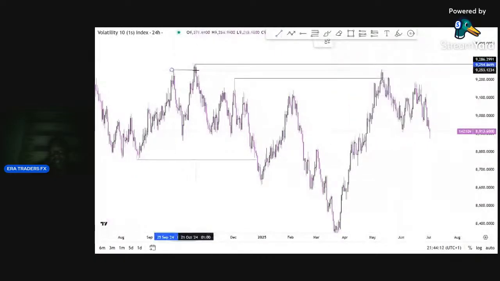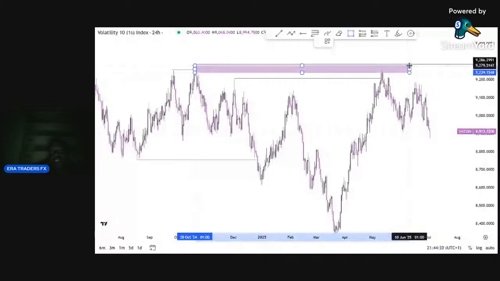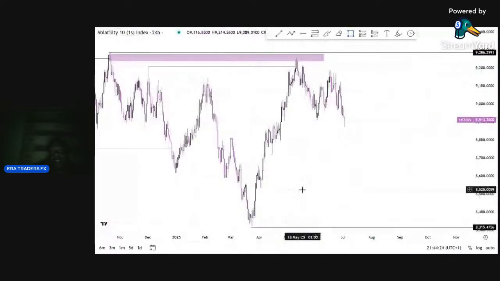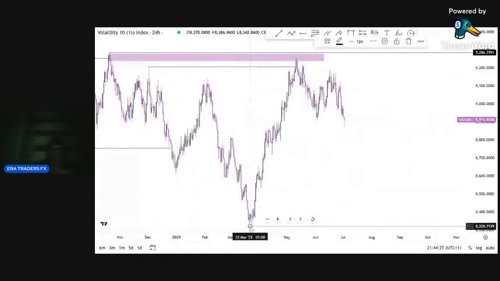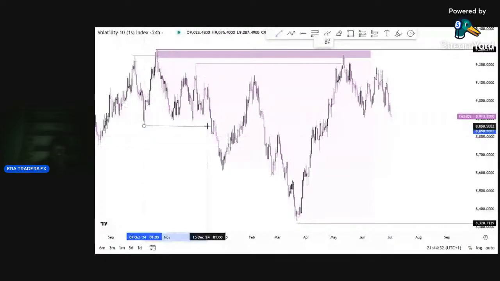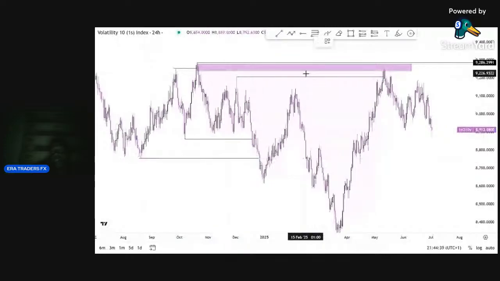If you have been following this channel, you see that we actually showed you this, and price has been printing nicely since then. And where's our target? We're coming down here. We showed you this some weeks ago, and price has really printed nicely. So this is structural liquidity, your structural liquidity SLQ.